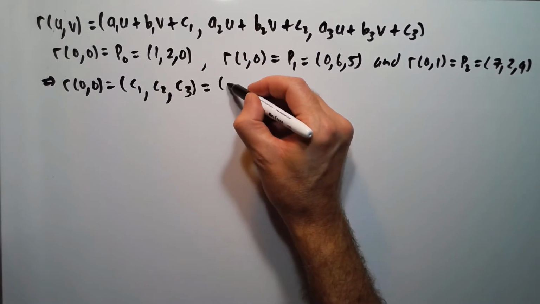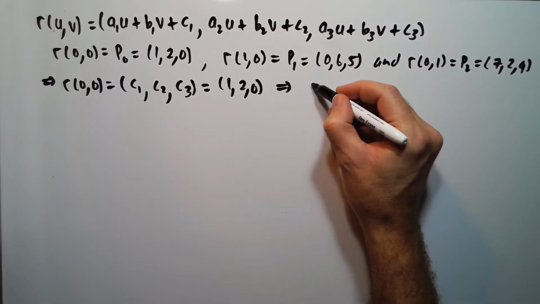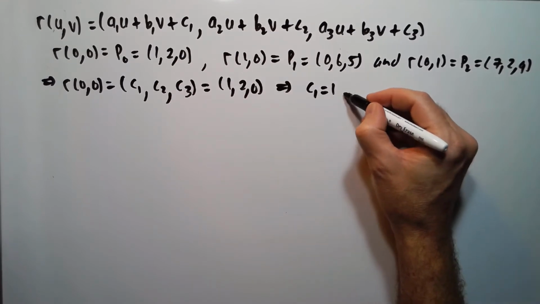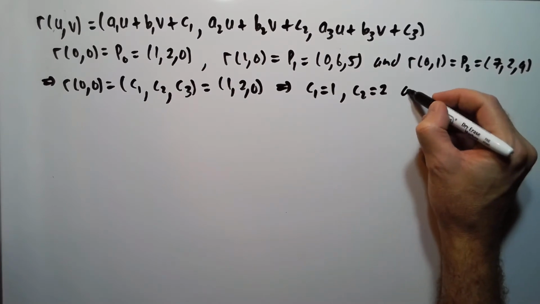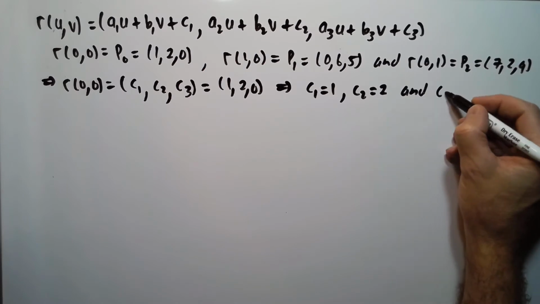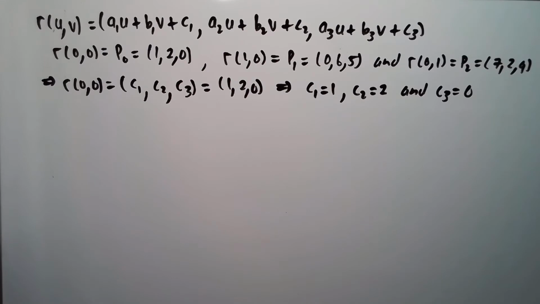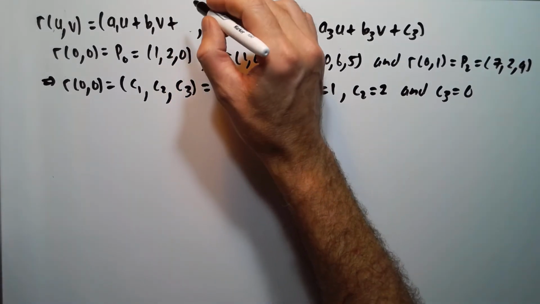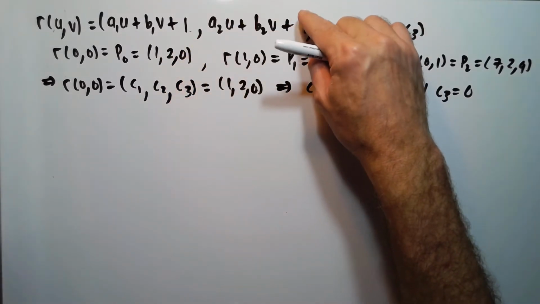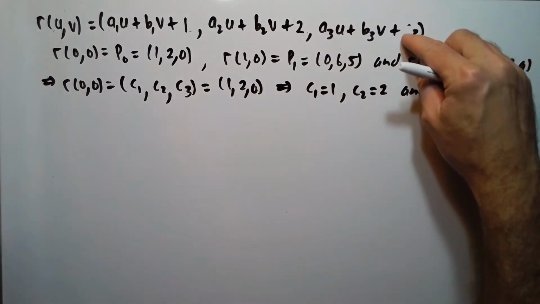And this has to equal (1, 2, 0). So that tells us that C1 is 1, C2 is 2, and C3 is 0. So now we can replace those up here: in place of C1 I can put a 1, in place of C2 a 2, in place of C3 a 0.